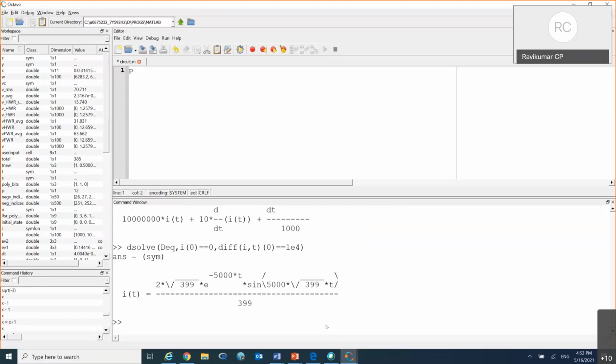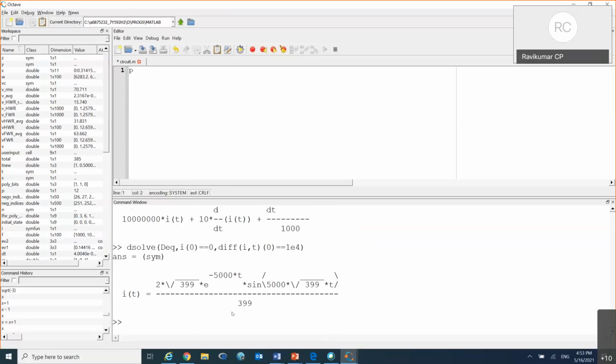So it happens to be an exponentially decaying sinusoidal wave. This is something that you may have done in your first year electronics or something like that. It requires a lot of effort to do something like this, but if you have Octave, it sort of gives the answer right away.